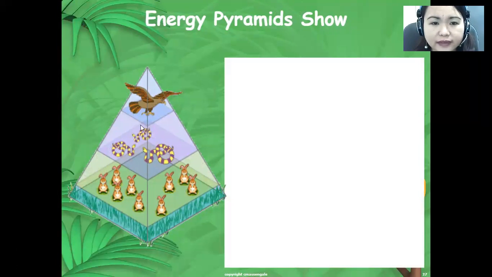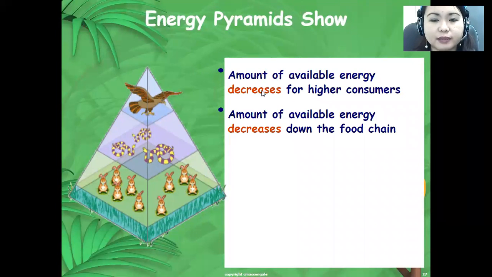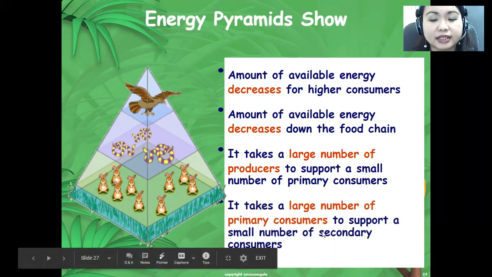So we also have the so-called energy pyramid, wherein the amount of available energy, this is the second law of thermodynamics, decreases for higher consumers, and the amount of available energy decreases down the food chain. And it takes a large number of producers to support a small number of primary consumers, and it takes a large number of primary consumers to support a small number of secondary consumers.